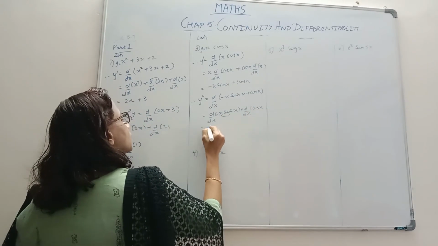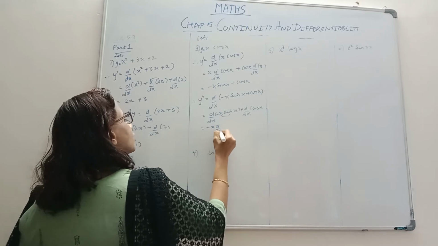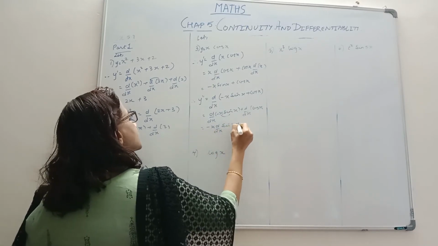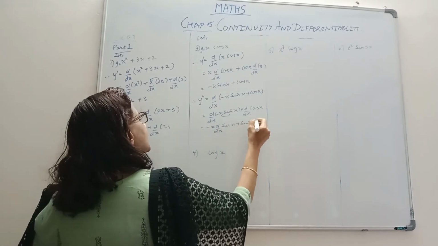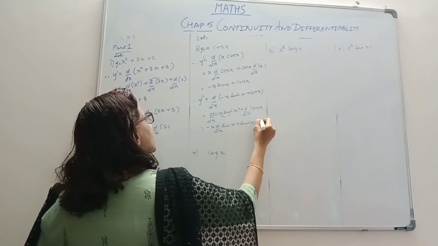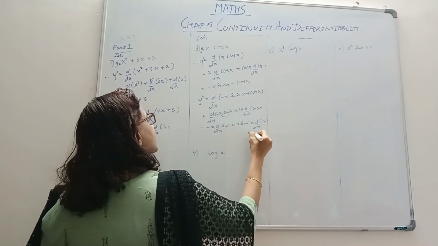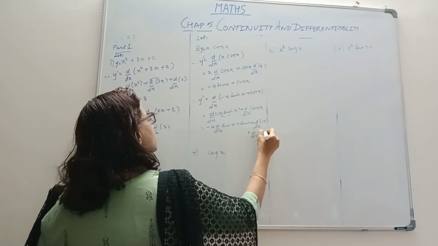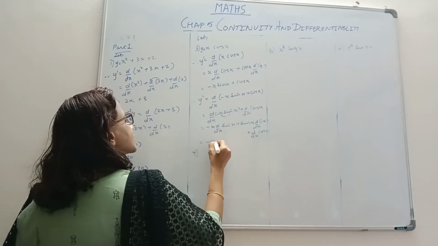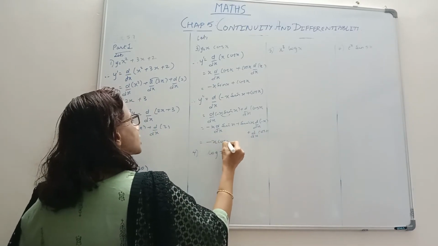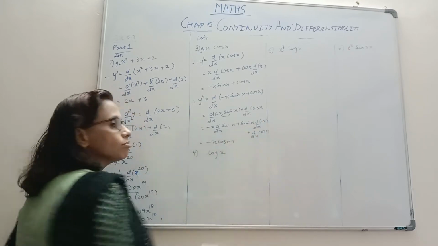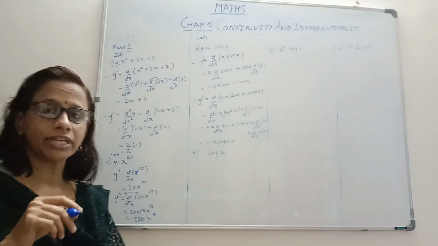So minus x times derivative of sin x plus sin x times derivative of minus x plus derivative of cos x. That's going to be our answer. So minus x, cos x, sin x, minus sin x. Derivative of minus x is going to be minus 1 because derivative of x is 1.